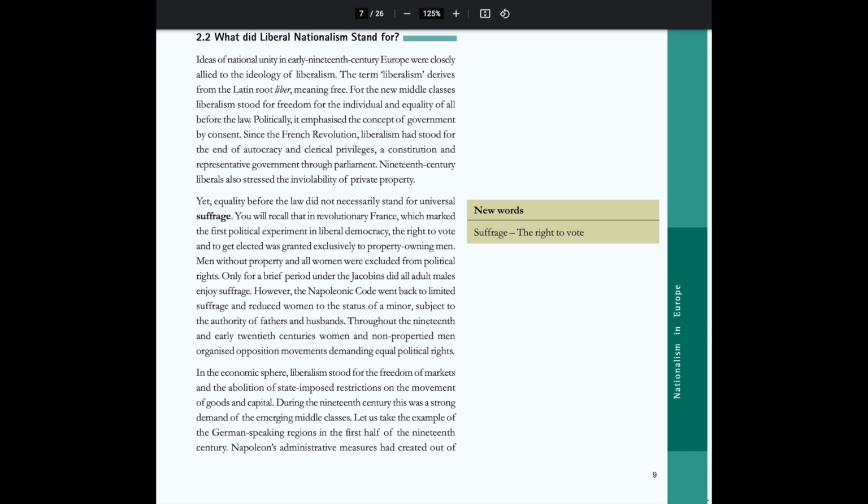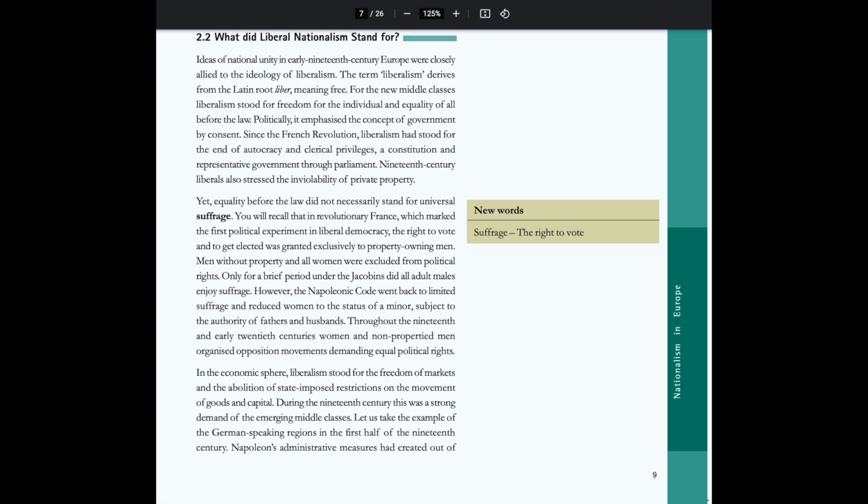In the economic sphere, liberalism stood for the freedom of markets and the abolition of state imposed restrictions on the movement of goods and capital. During the 19th century, this was a strong demand of the emerging middle classes. Let us take the example of the German speaking regions in the first half of the 19th century.